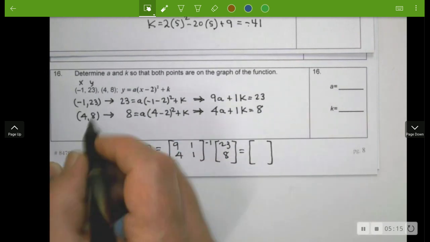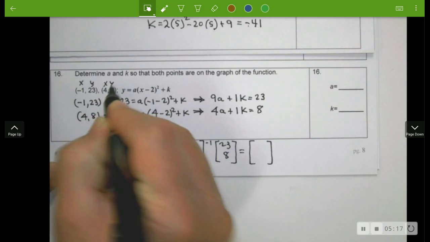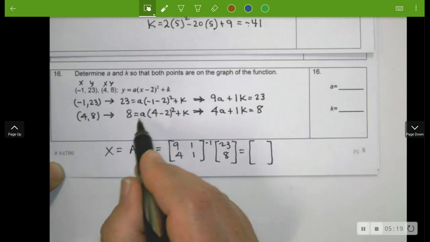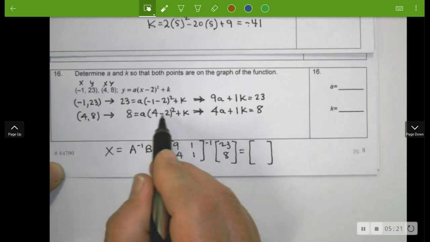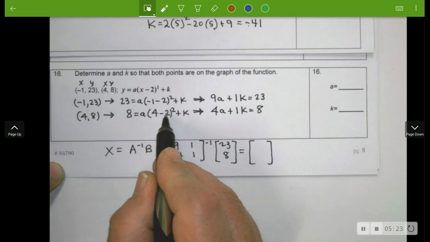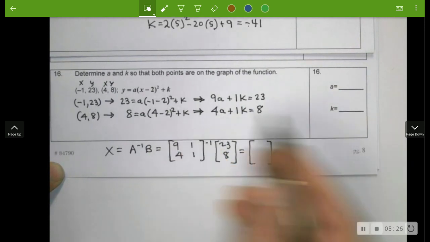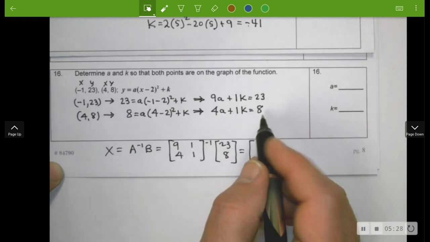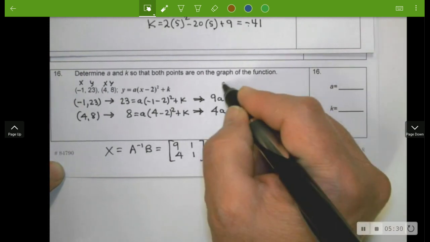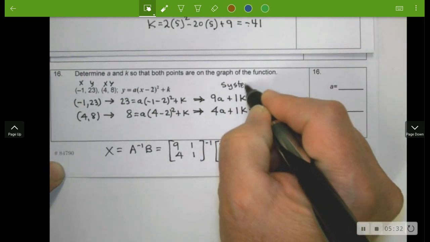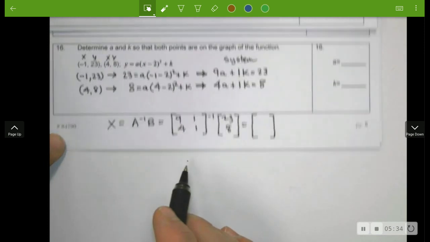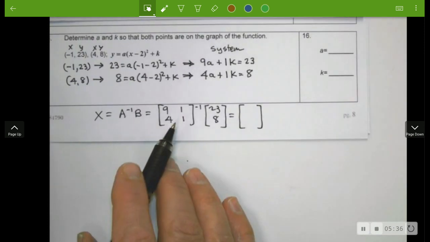Then I do it again with this new x and y value here. And you can see this 4 comes from 4 minus 2, which was 2. You square it to get the 4. And I put the 8 on the other side. And now what you're dealing with here is a system of equations. And we're going to solve it using matrices here in a minute.